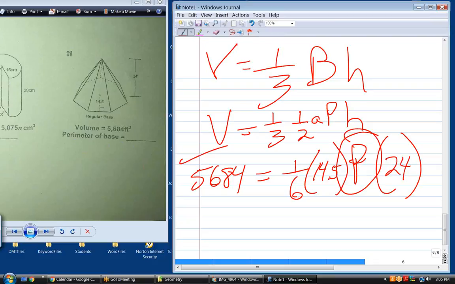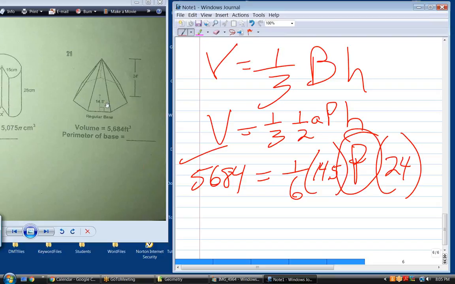So I guess the moral of the story is that when they give you two formulas for the area of a regular polygon, memorize both of them. Because if you only memorize A S N divided by 2, you can't solve this problem. I mean, you could assume there are 7 sides, but that's quite an assumption.